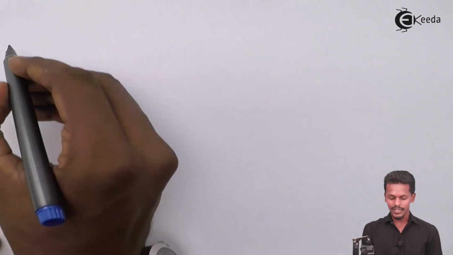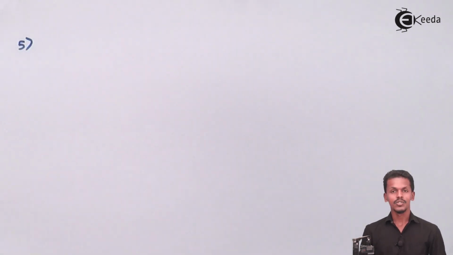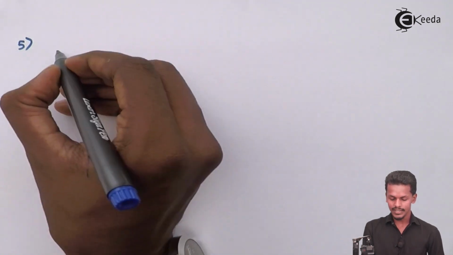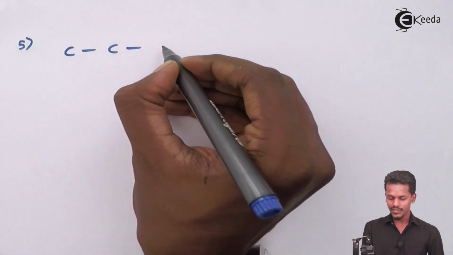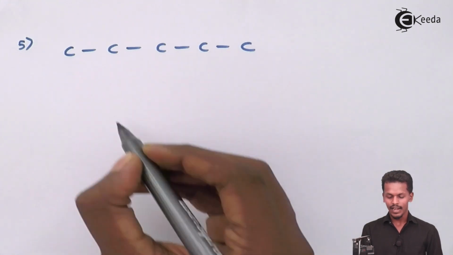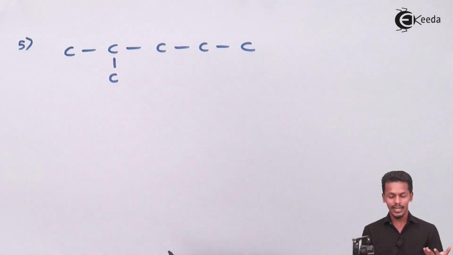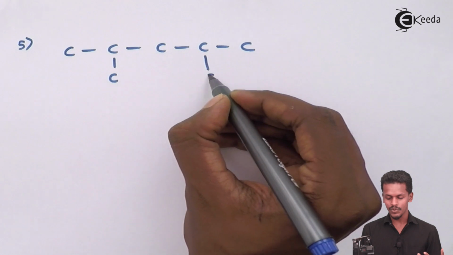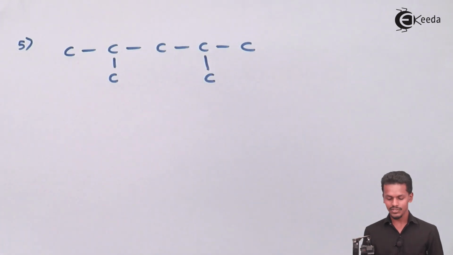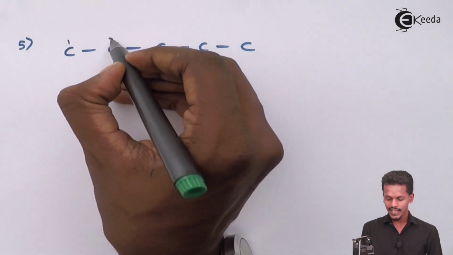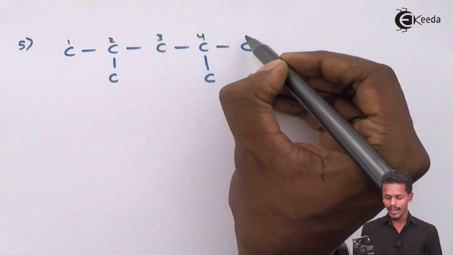So the 5th isomer can be written as follows, referring to the earlier one: 5 carbon atoms in a straight chain, and on the second carbon atom I have attached a methyl group, and on the fourth carbon also I have attached a methyl group. Let us number it: first, second, third, fourth and 5th.